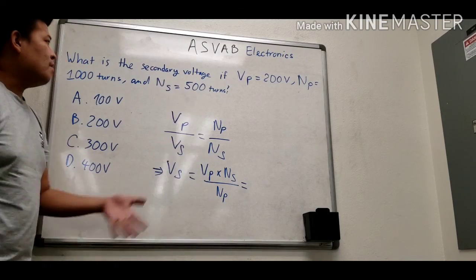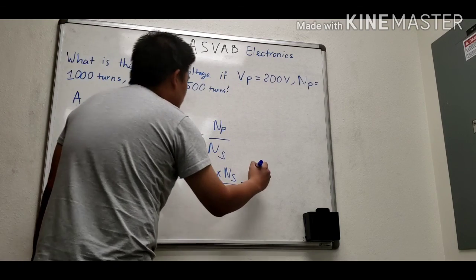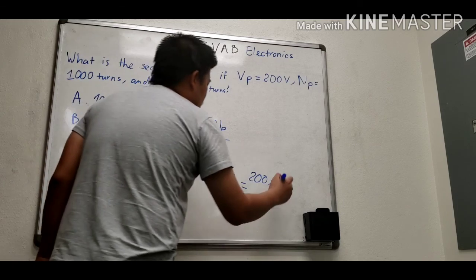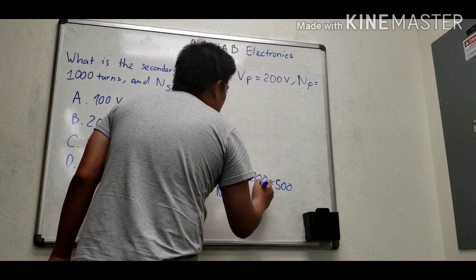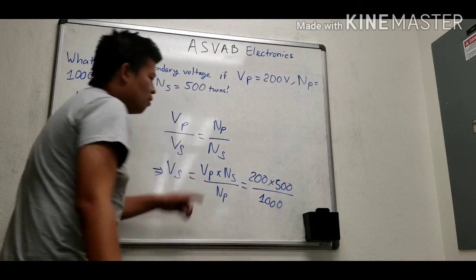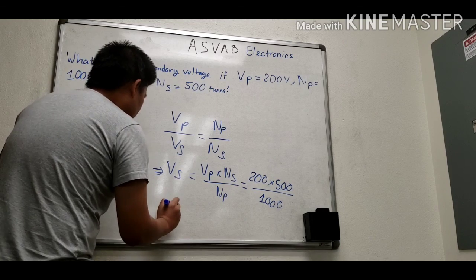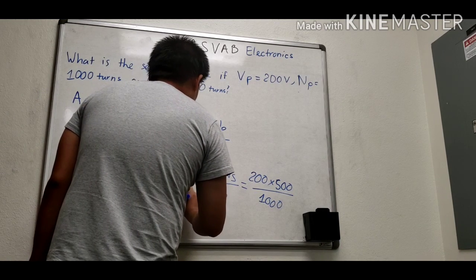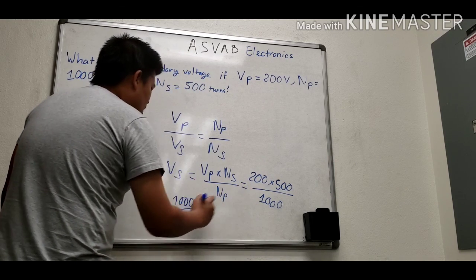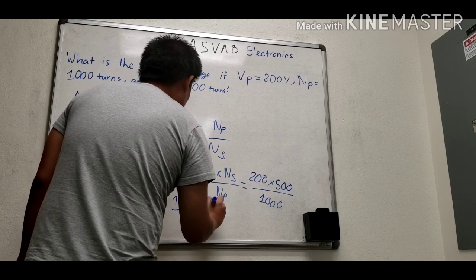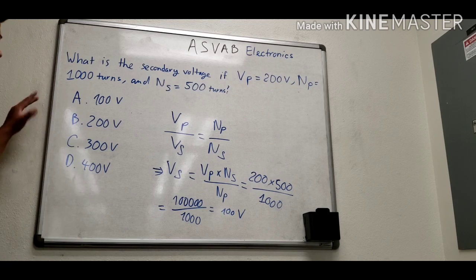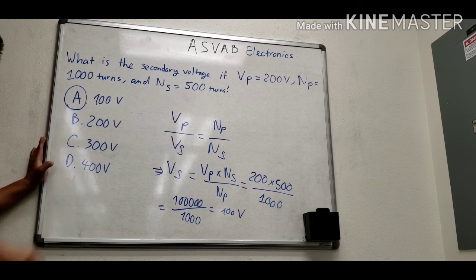So we just input the numbers. We have 200, multiply by NS, which is 500, divide by 1000. 200 multiplied by 500 is 100,000. Then divide by 1000. We get 100 volts. So the answer for this question is A.